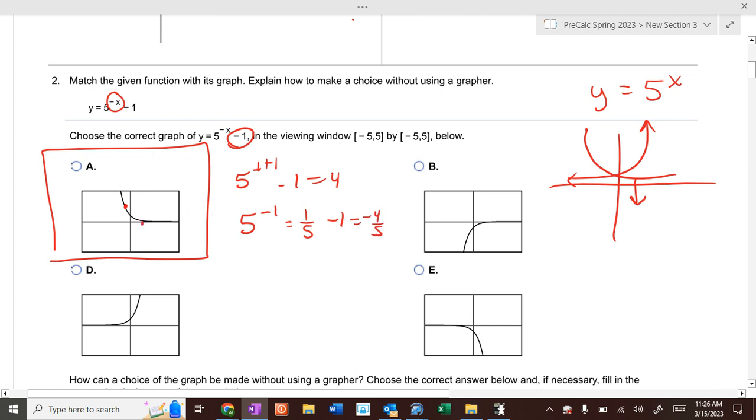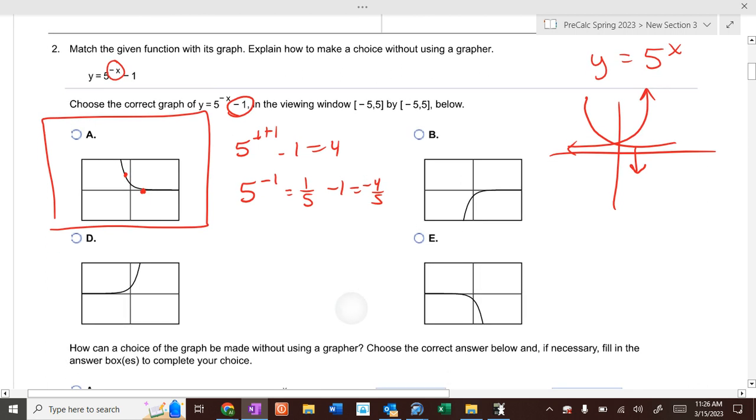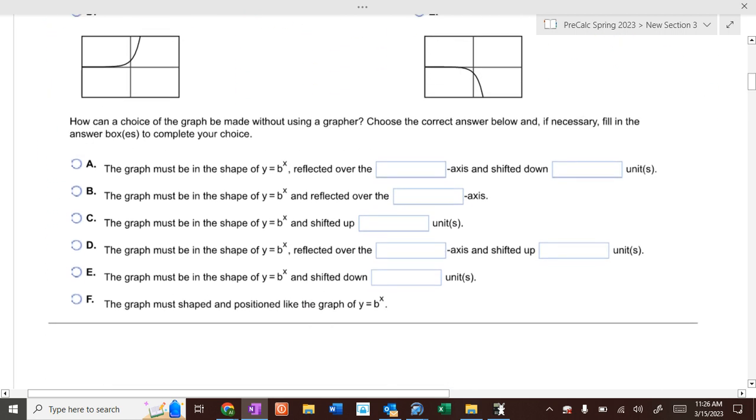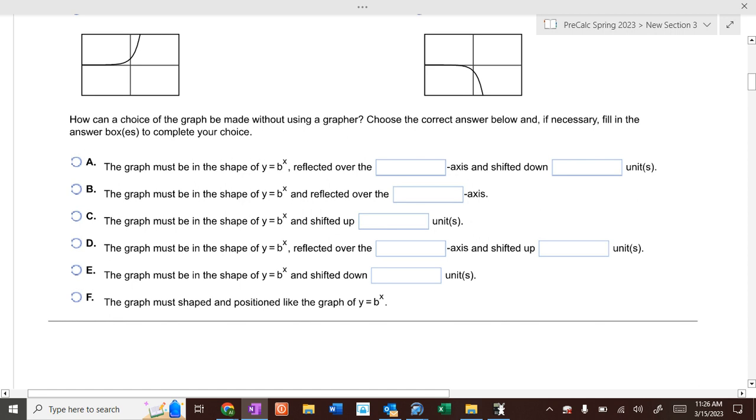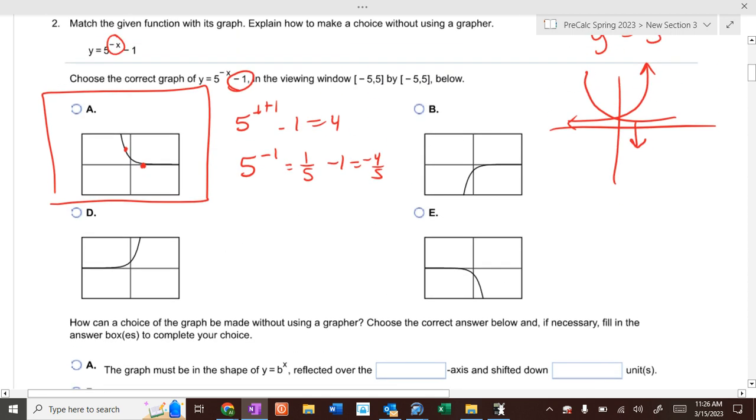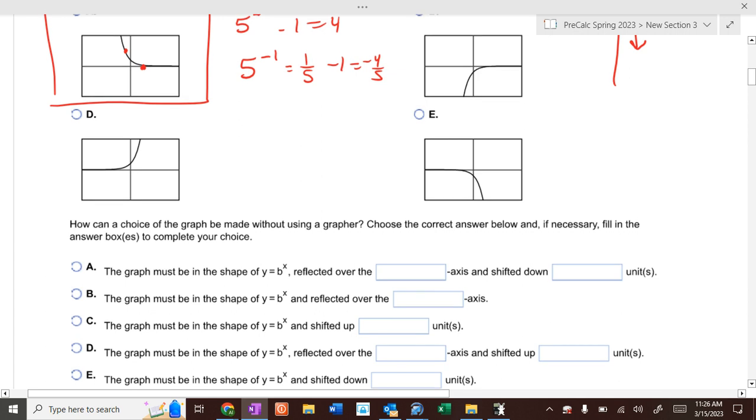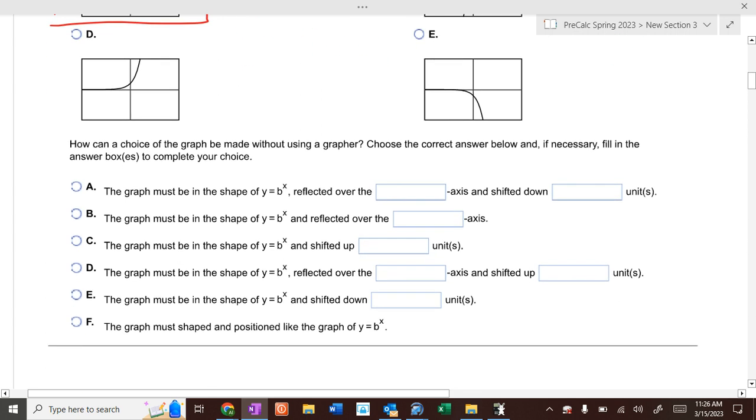So at +1, we should be down at -4/5 somewhere. This graph doesn't so totally accurately show what's going on, but it's pretty good. Okay? So the graph must be the same shape as 5 to the x, and it's reflected over the y-axis and shifted down 1 unit. Okay? All right.